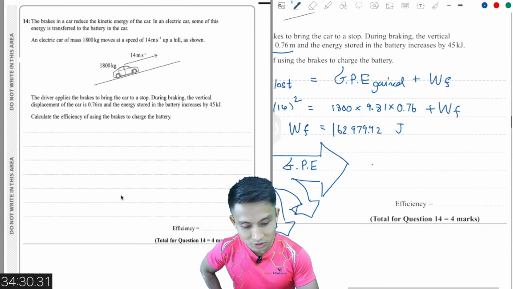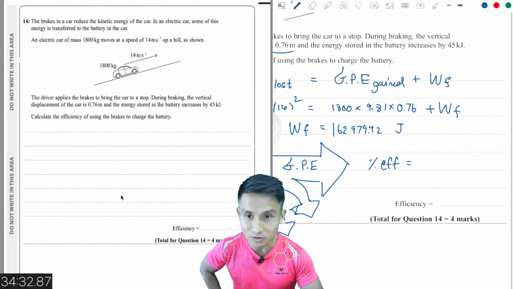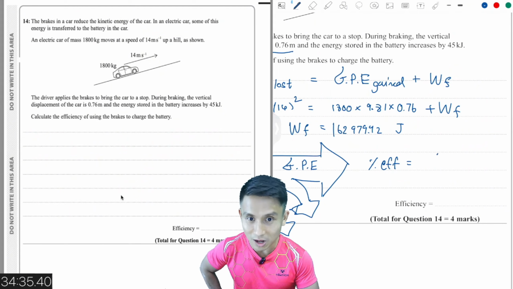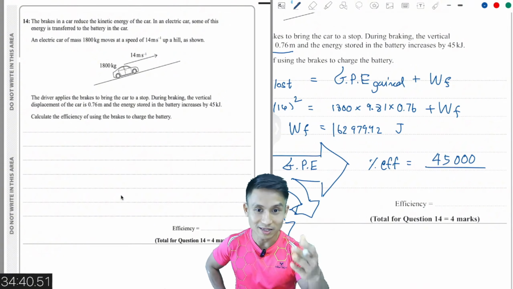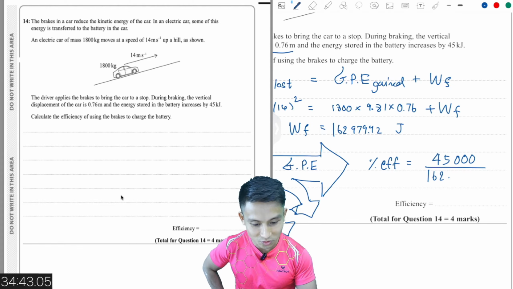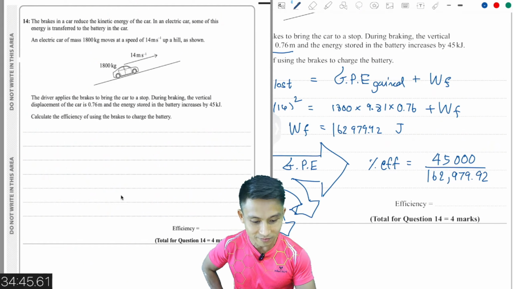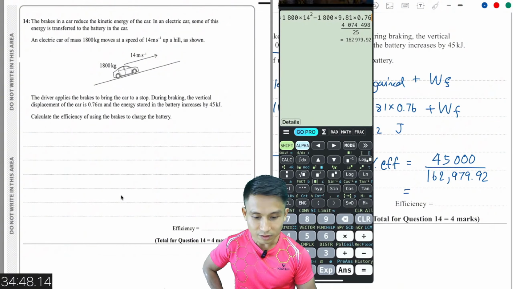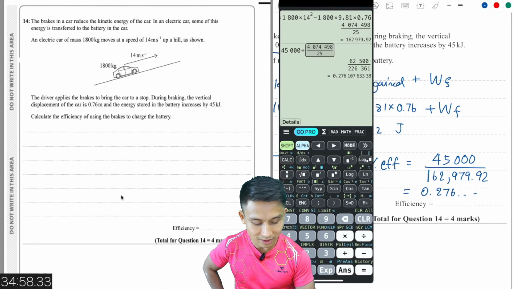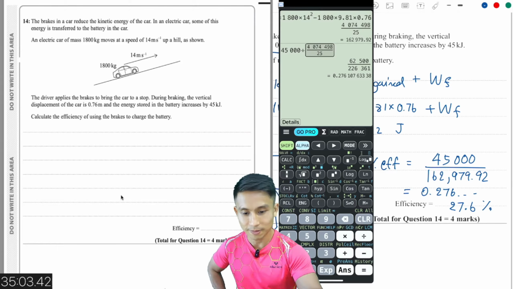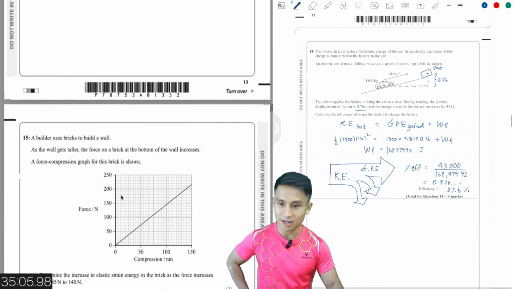So we're just going to do percentage efficiency here equals, well, the actual output, which is 45,000, is actually what battery gets. But then the total that it can get is just this guy. So I'm just going to do equal first, and then 55,000 divided by answer. So that would be 0.276, blah, blah, blah. So it's just 27.6%. Yeah? All right, that would be my answer there.